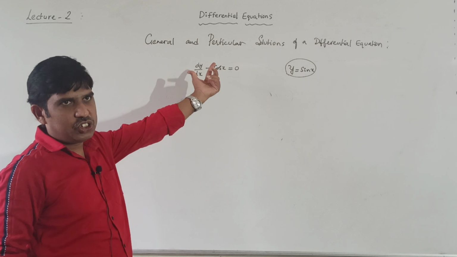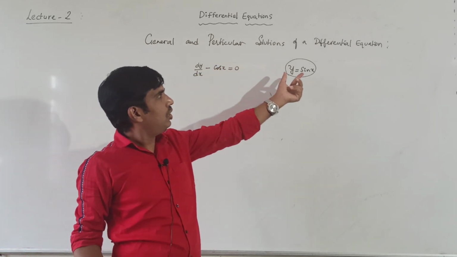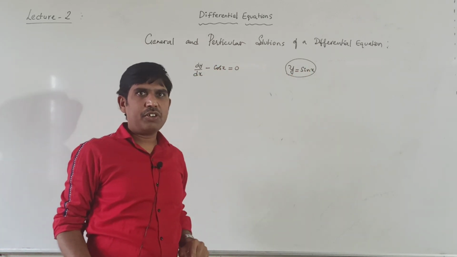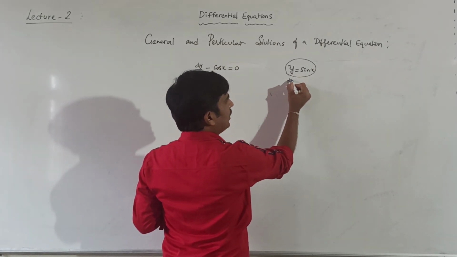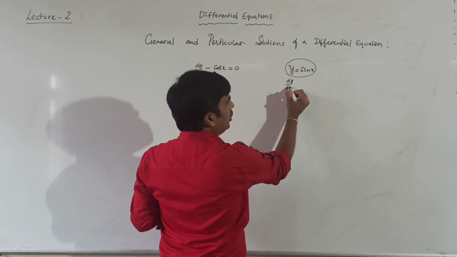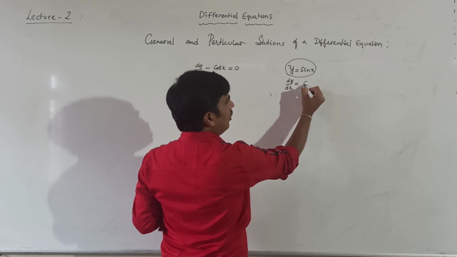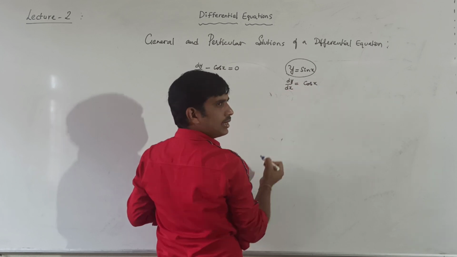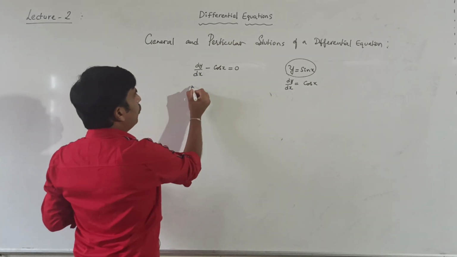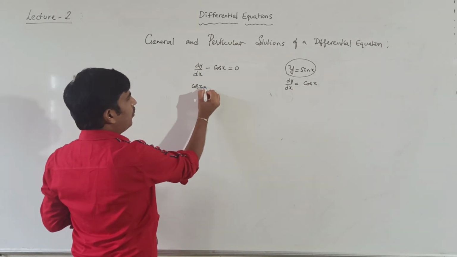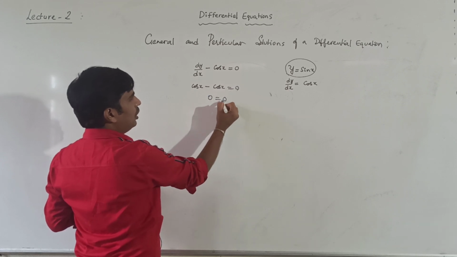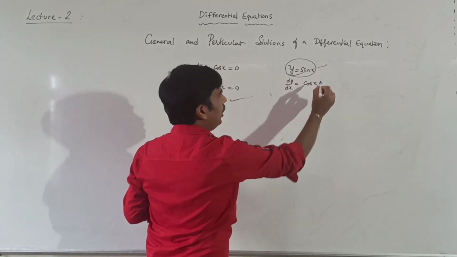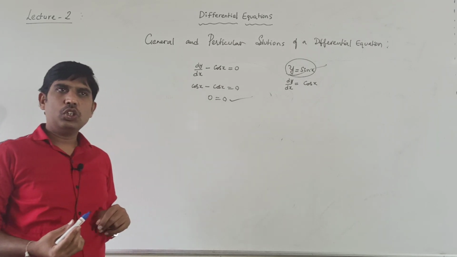How to verify? y is equal to sin x, then differentiate: dy by dx, the derivative of sin x, is cos x. If you replace dy by dx, we get cos x minus cos x, which is 0. 0 is equal to 0. Therefore it is a solution.